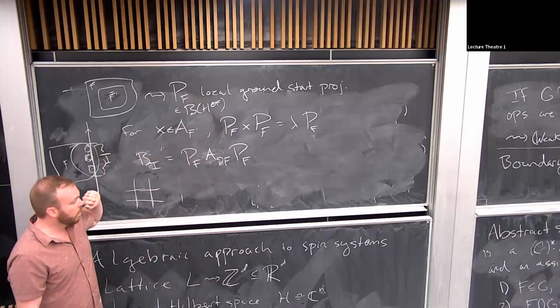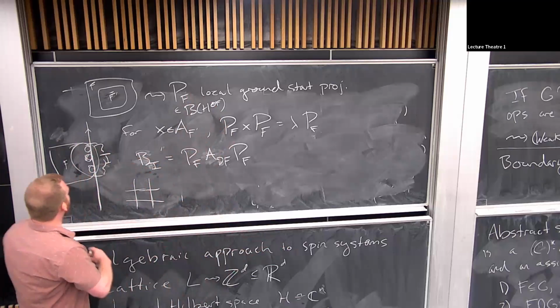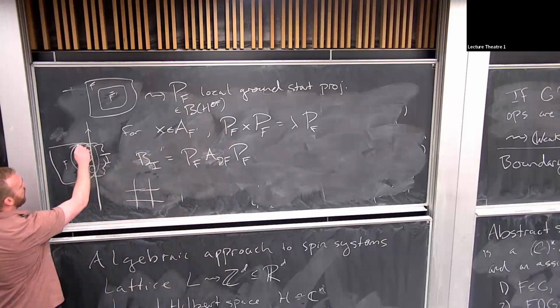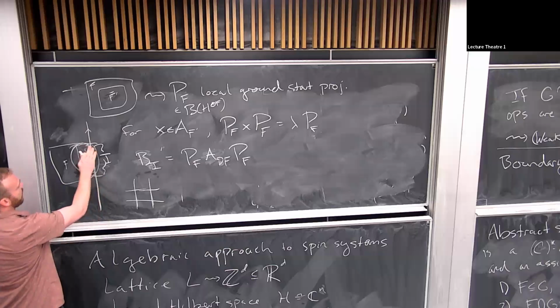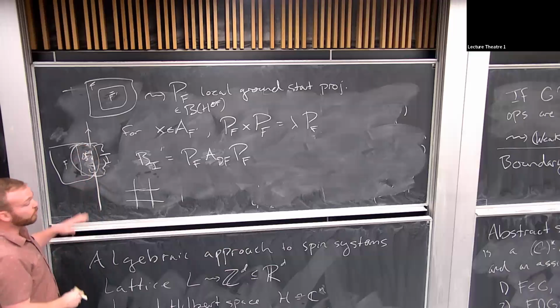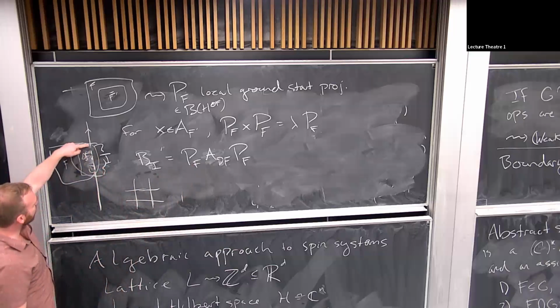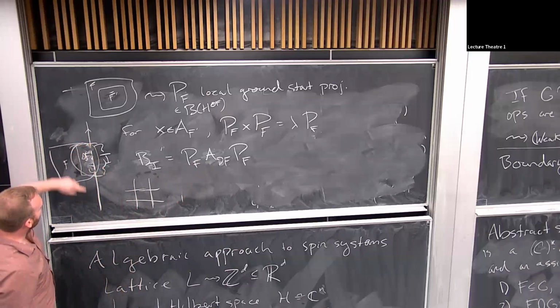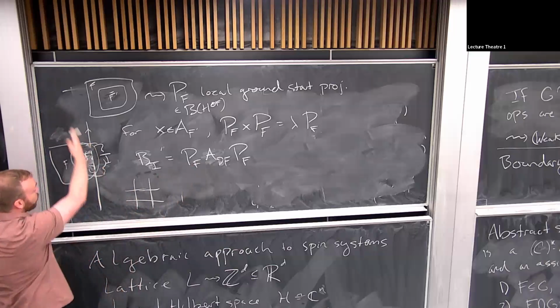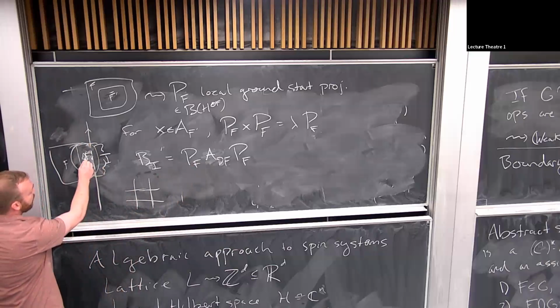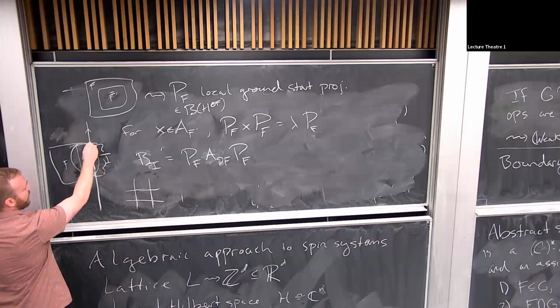Can you explain this definition of A sub partial F? Yeah, so it's a little bit loose here, but you just take the operators that, I'll define partial F as some strip along the boundary, and then you prove it doesn't depend on how you pick that strip. So if here's F, I chose a big global boundary by cutting my system, and then the boundary of F is just where F intersects that.